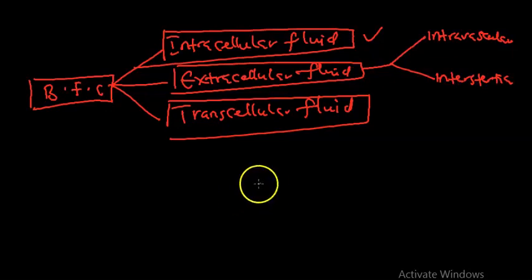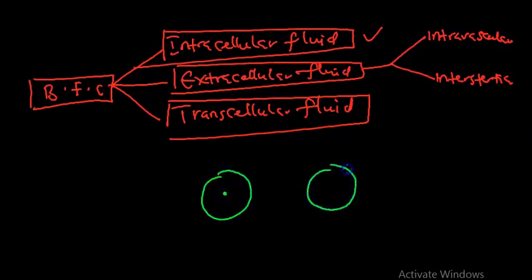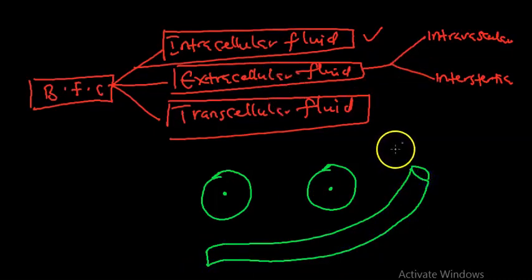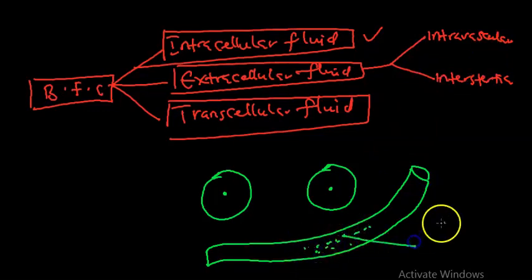Let's take a quick revision once more. Let's assume here we have what we call the cell, and here we have the nucleus, and here we have another cell with its nucleus, and this is what we call the cell membrane or the plasma membrane. In this case, we have a vein which passes here. When we talk about the extracellular fluid, we have the intravascular, which is the fluid found inside of these veins.